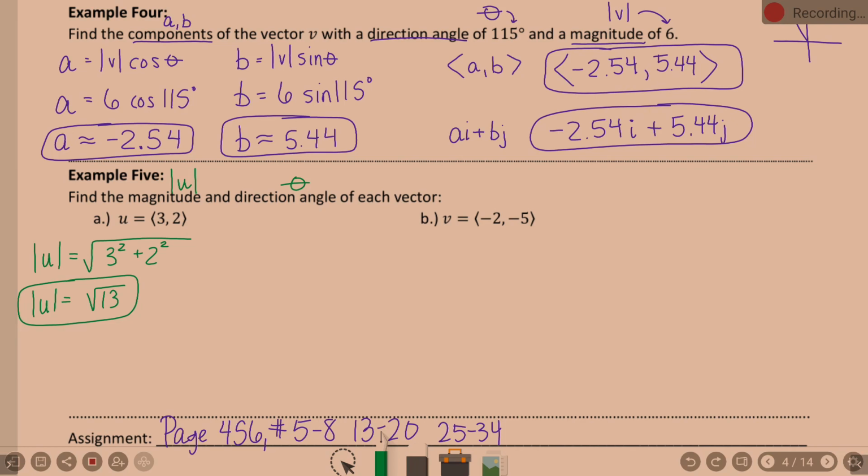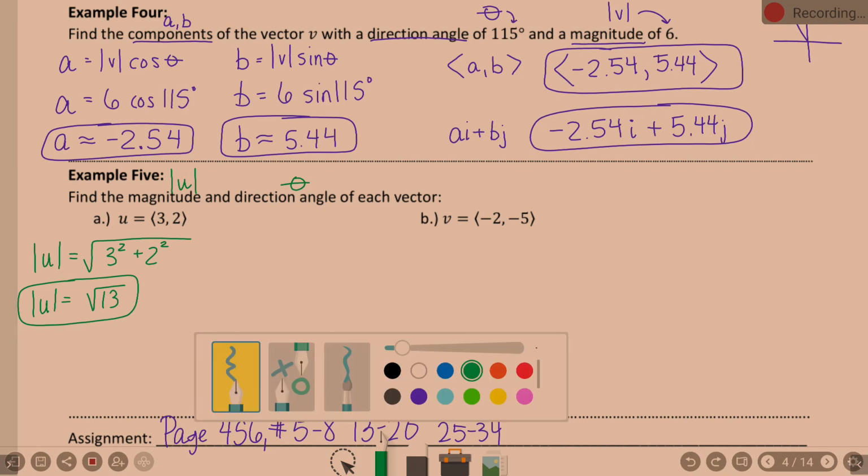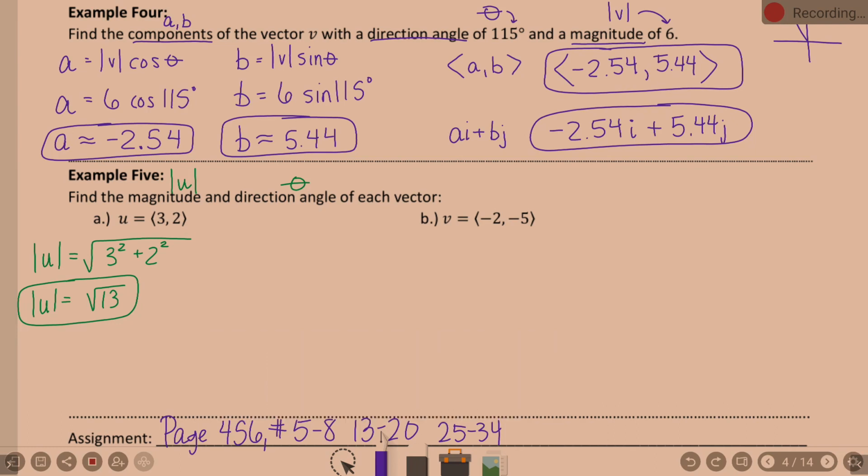And it was helpful to find that first because we're going to need that for what we're doing. Did that at least come back to you a little bit? Yes. That was an easy thing, right? Okay. Now, direction angle. Well, we have the vector 3, 2, yes?